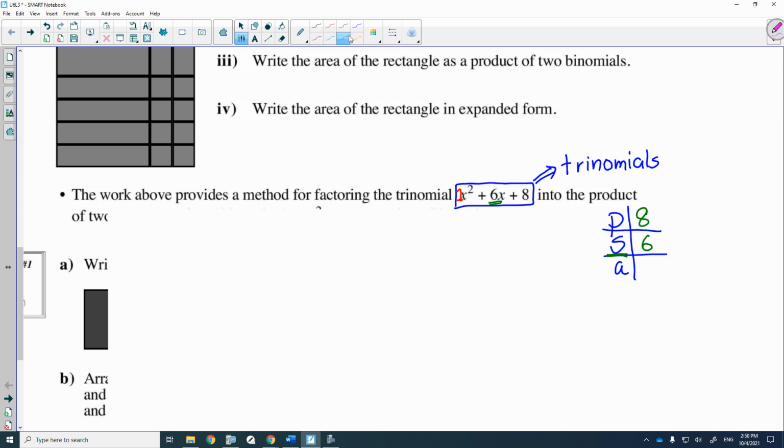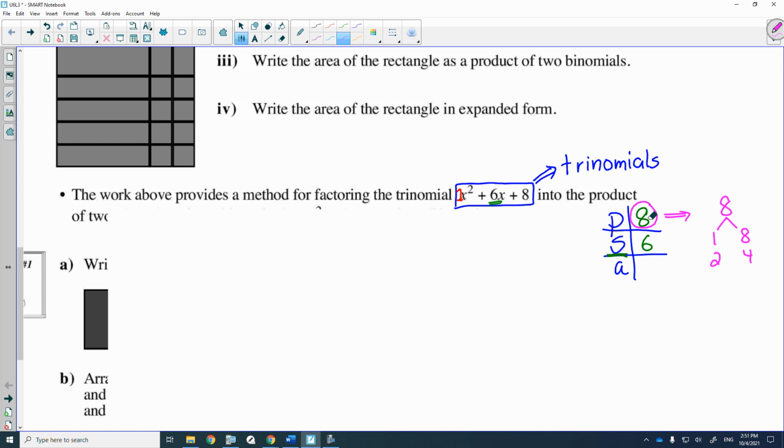So what you're going to do is always take this product, which is 8, and write all the numbers that multiply to give you 8. So for example, 1 and 8. Divide 8 by 2 and you get 4. Those are the numbers that multiply and give you a product of 8.